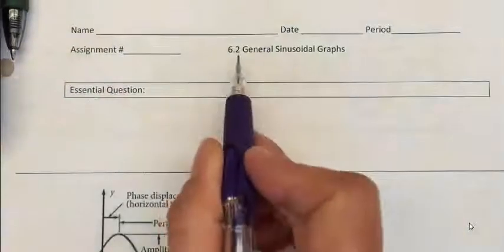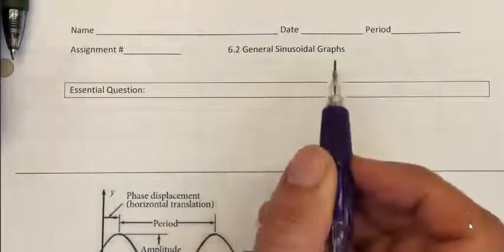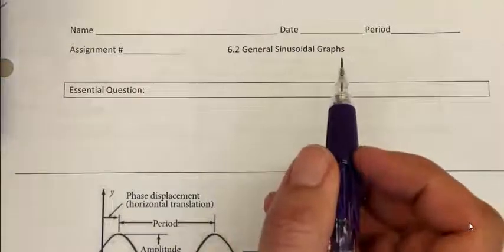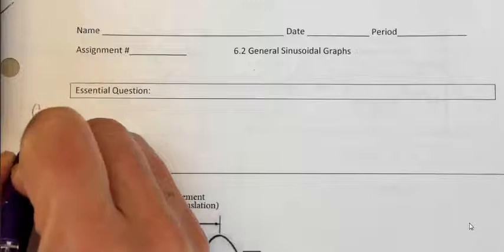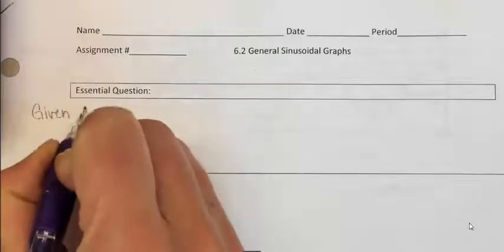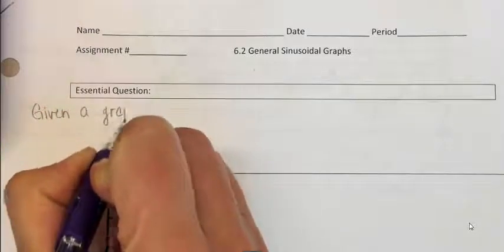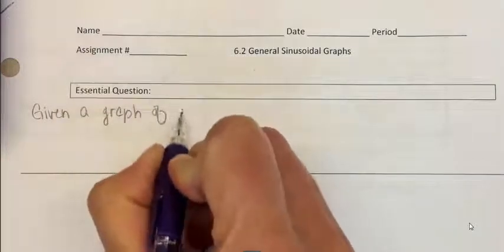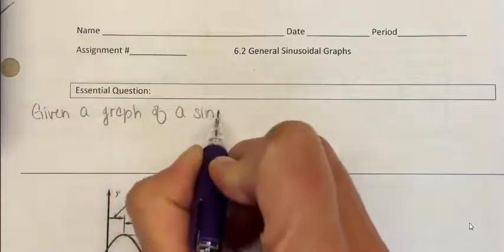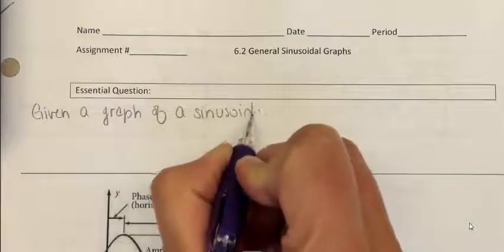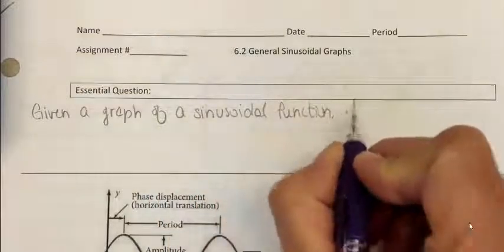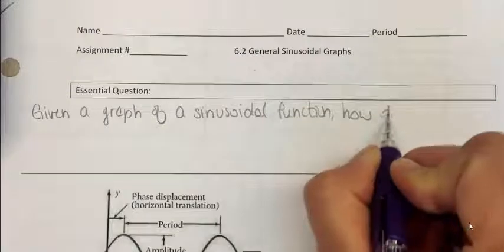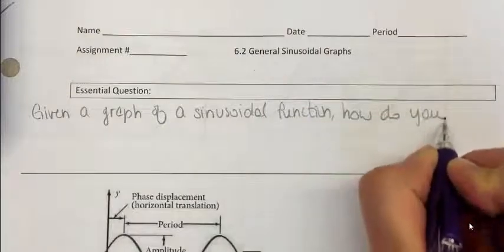All right, 6.2 general sinusoidal graphs. We have two essential questions. Given a graph of a sinusoidal function, how do you find its equation?